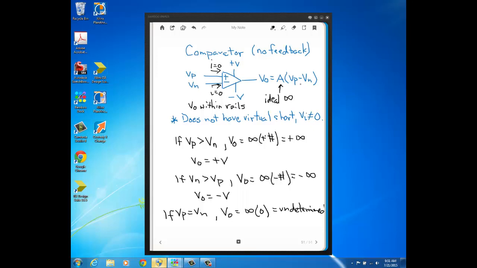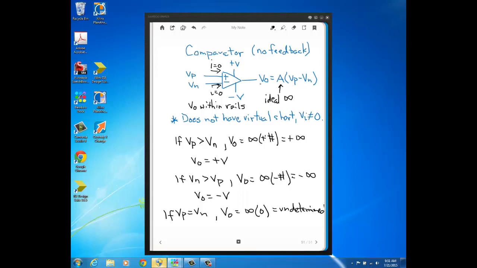So in a case like that, where one moment one's greater than the other and the next moment the other one's greater, what happens with V out is that it starts oscillating between plus V and minus V.